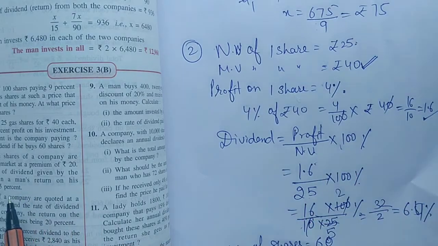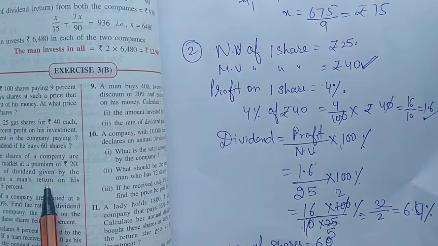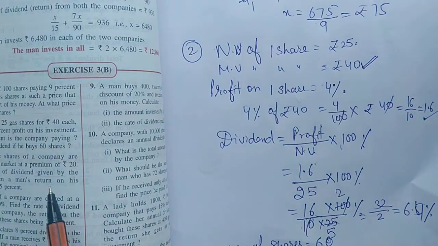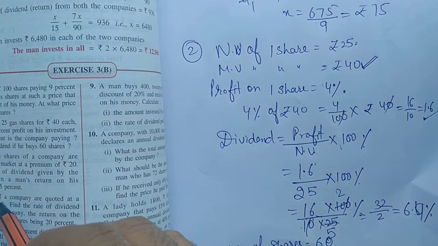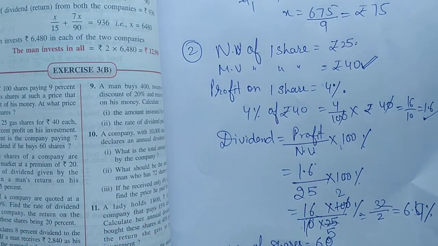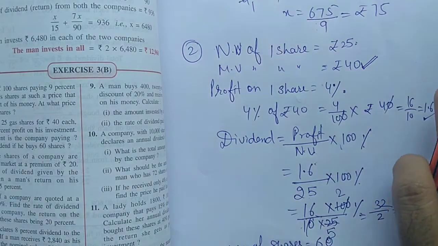So then buy a company when a man's return on his investment is 15%. Man's return means he got the money back, on his investment means he got the profit. So your profit is 15% is given. So let us do this.